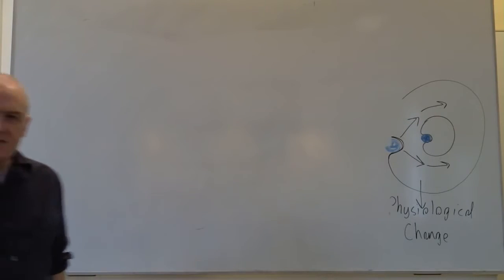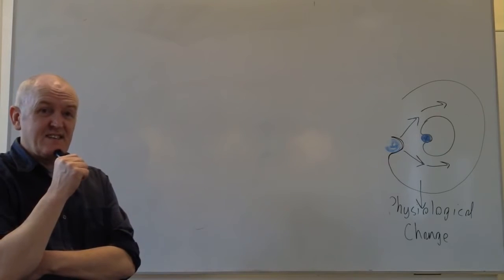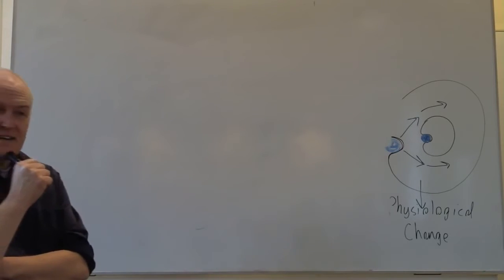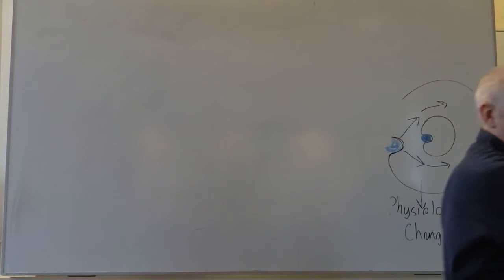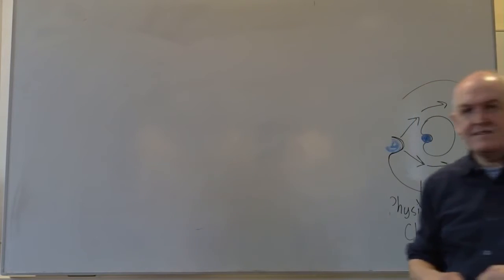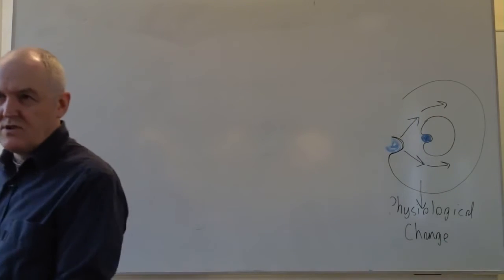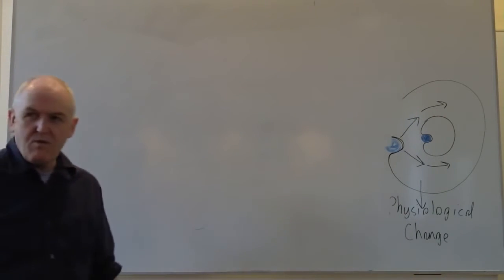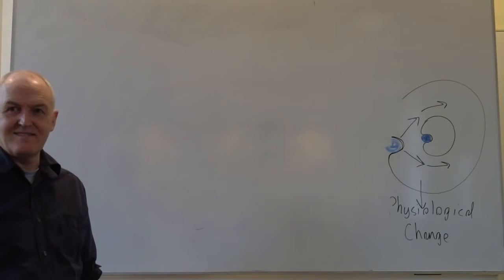So the endocrine system needs to be controlled and coordinated. And the main organ of control and coordination in the body, of course, is the brain, isn't it? 100,000 million individual neurons, between 1,000 and 10,000 synaptic interconnections per cell.